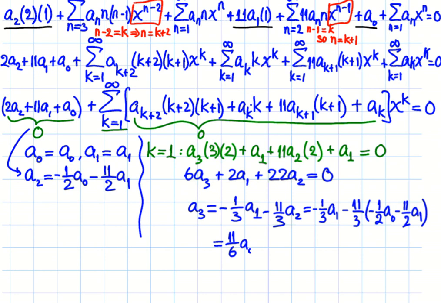And then for A1 we have negative 1/3 plus 121 over 6, and that is 119 over 6, positive 119 over 6 A1. Right, now we're going to write the solution.